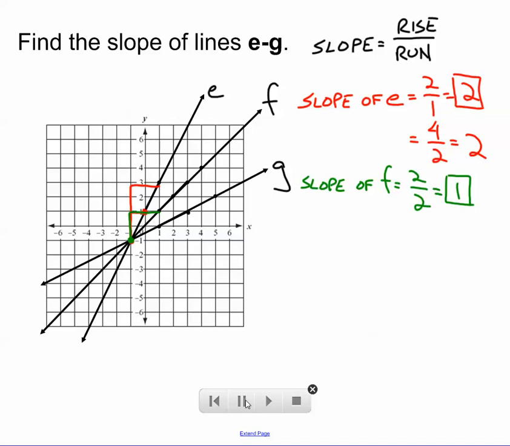That's no different than going, I'm drawing another line, up 3 over 3, because 3 over 3, a rise of 3, a run of 3 is still 1. And lastly, what if I went up 3 over 3 from this point to this point? It doesn't matter which 2 points you use. Okay, it's always going to come out the same. Up 3 over 3. Still 1. Okay, and what about G?